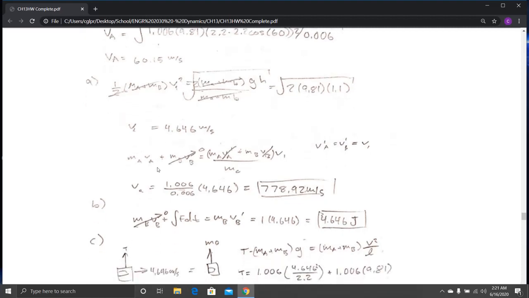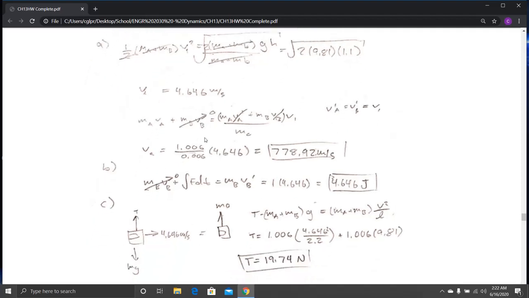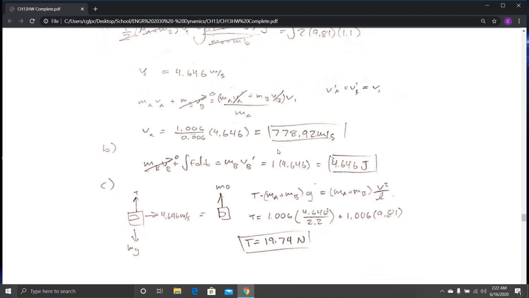Once I have that initial velocity, I can just use conservation of momentum, knowing that the initial velocity of the block is going to be 0. I can solve for the velocity of the bullet this way. Find that it's almost 780 meters per second. For part B, to find the impulse, well, that's just going to be the momentum of the block plus the impulse, or the integral of the force in terms of time.